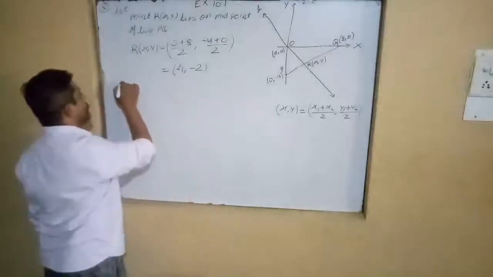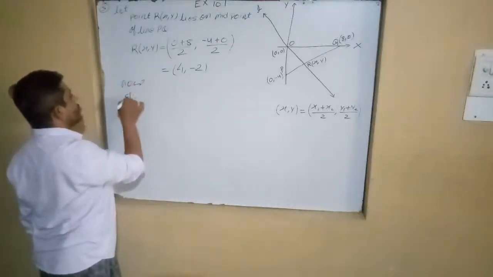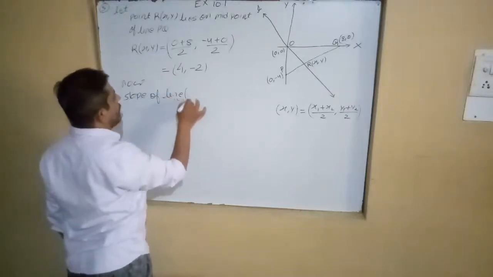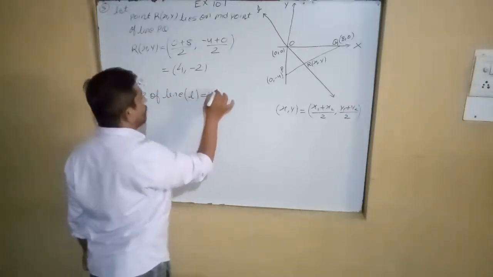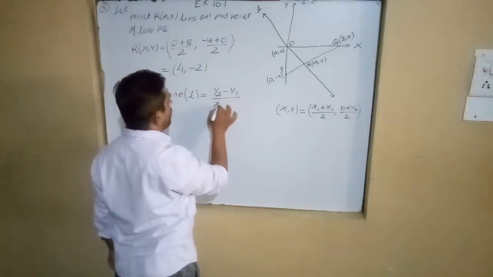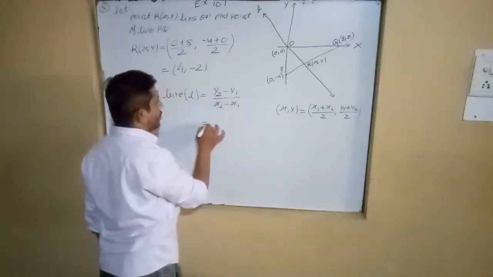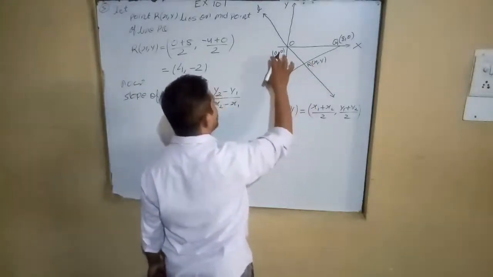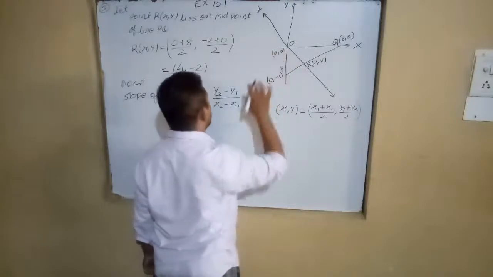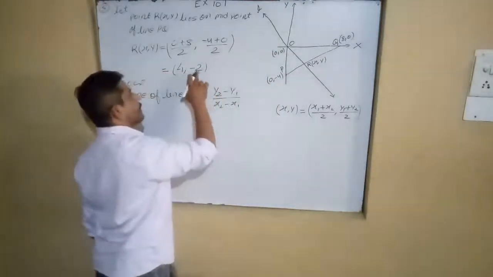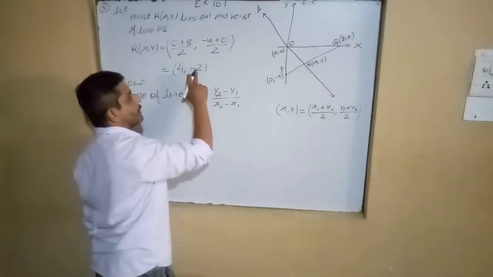So we write here now, slope of line L is equal to, we use the formula y2 minus y1 upon x2 minus x1. So we assume this (x, y) as (x2, y2) and this origin as (x1, y1). So we can write y2 minus y1. Where is the value of y2? This is y2, minus 2.